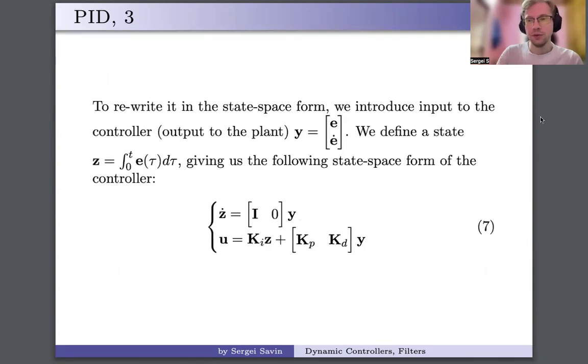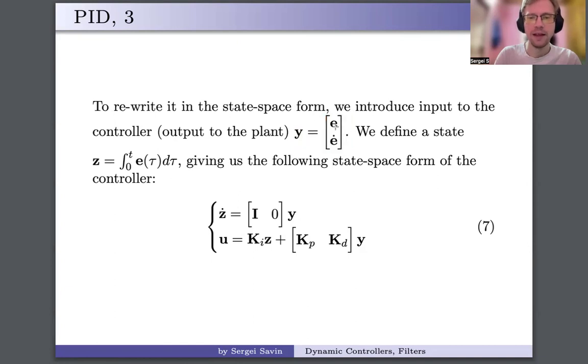So what we can do is consider it in the state space form, to make it more familiar. In state space form, let's say we assume that our measurements are e and e dot, error and error derivative. You can think of it as position and velocity. We measure those, P and D. So this is for proportional control, and this is for differential control.